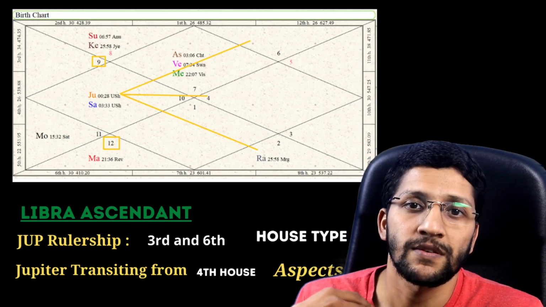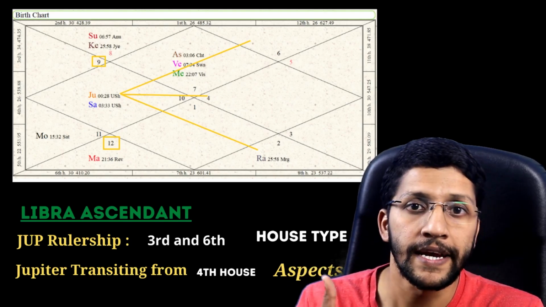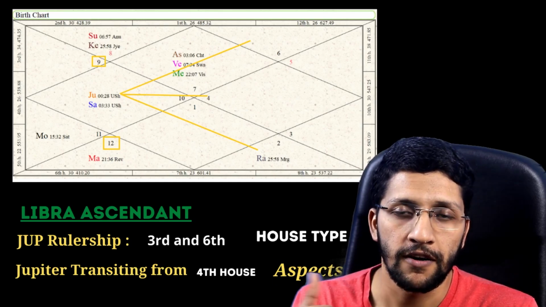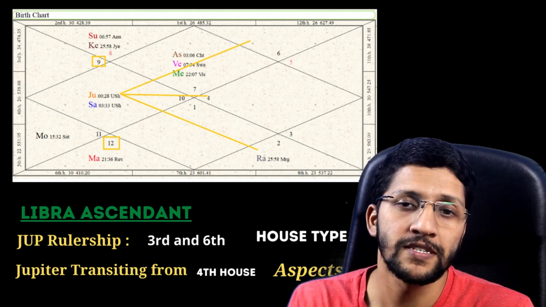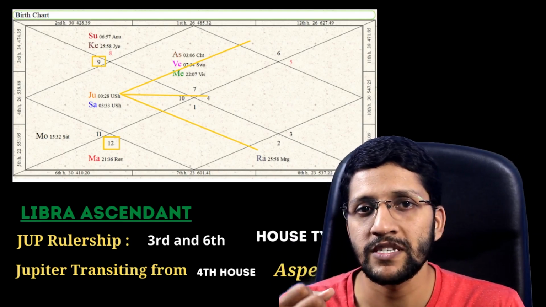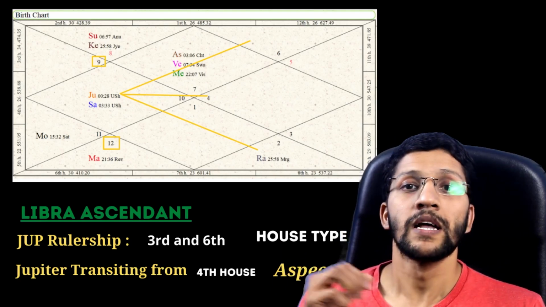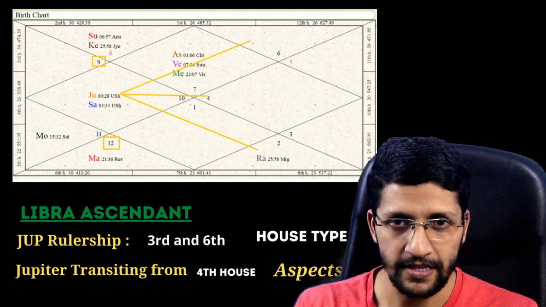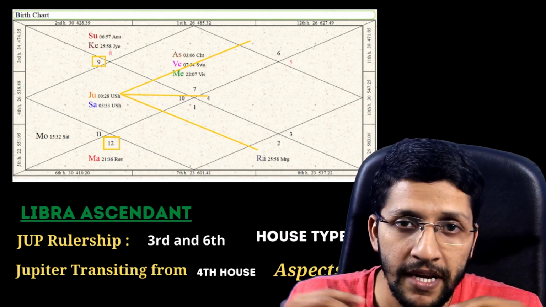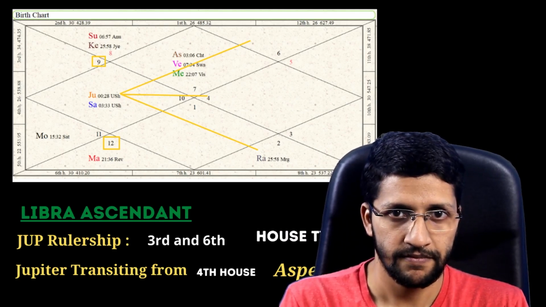It aspects the 10th house of the career, and it aspects the 8th house of the hidden knowledge, of the occult, mysticism, astrology, psychology, things buried underground. All these can be seen with the 8th house. Now Jupiter is aspecting this and bringing in the positivity in these 3 areas of your life.